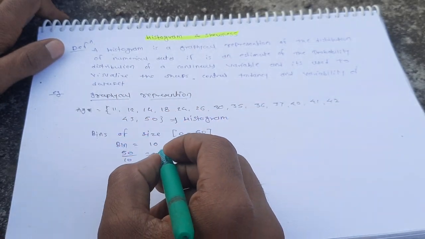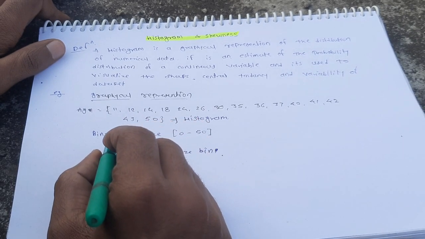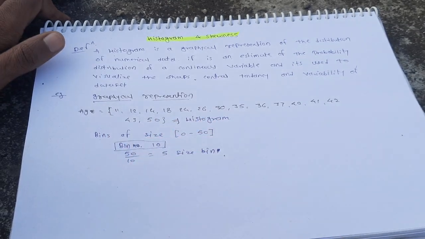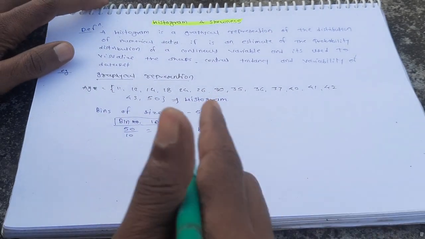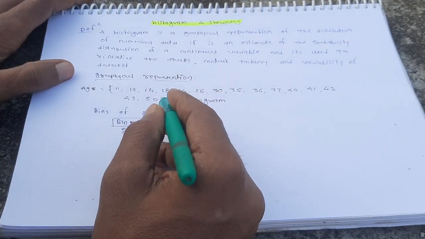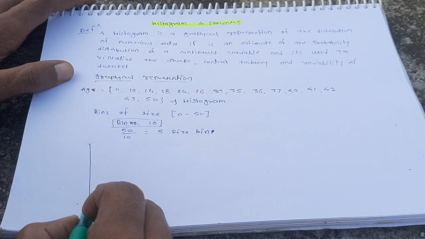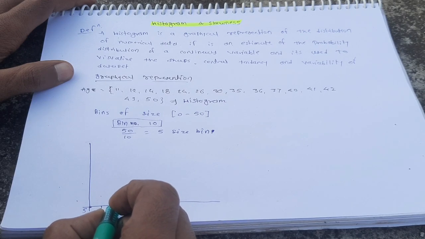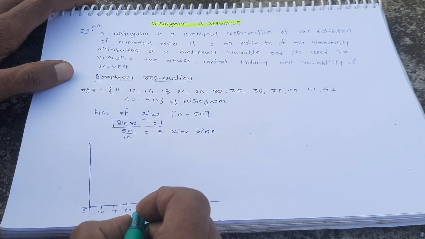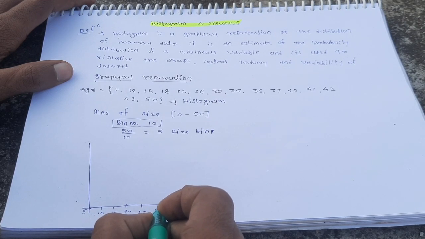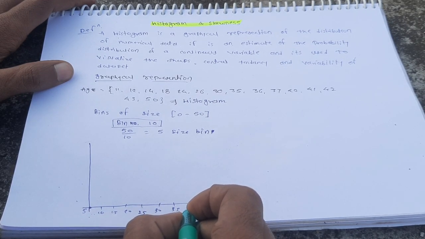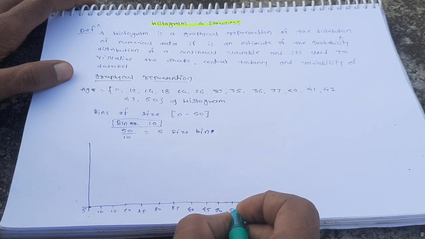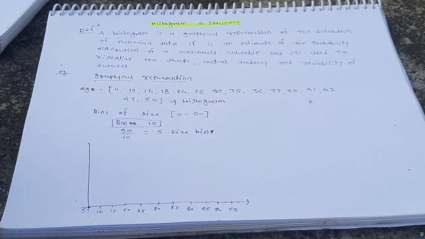First we plot the axis, starting with 5, then 10, 15, 20, 25, 30, 35, 40, 45, 50, and 55.